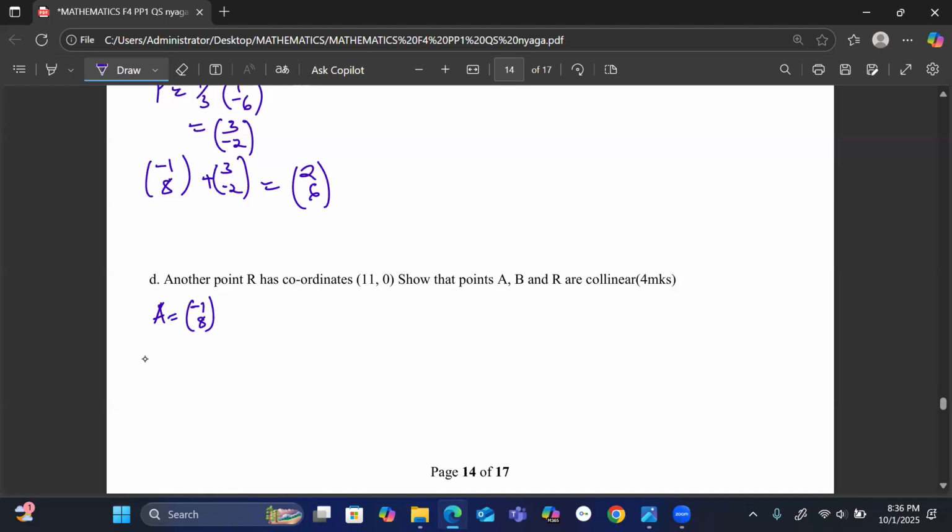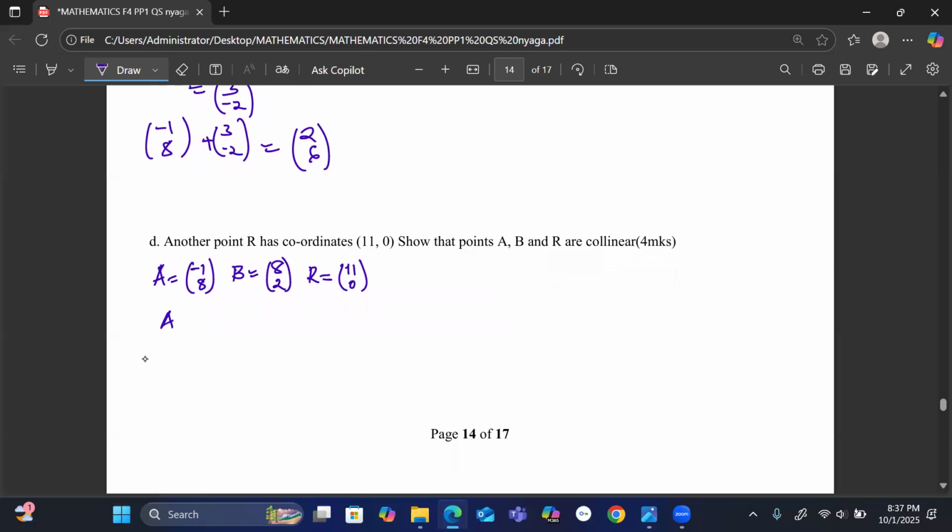Point B, we have (8, 2). Then R, we are also given as (11, 0).